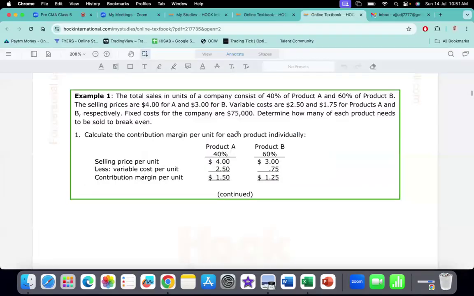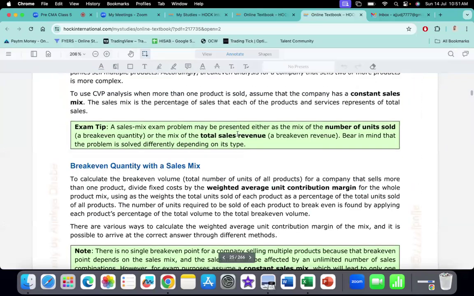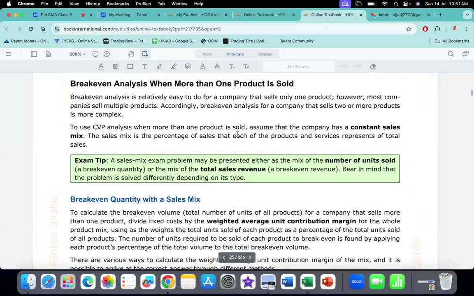So we have a question here which says break even analysis is easy to do for a company that sells only one product. However, most companies sell multiple products.